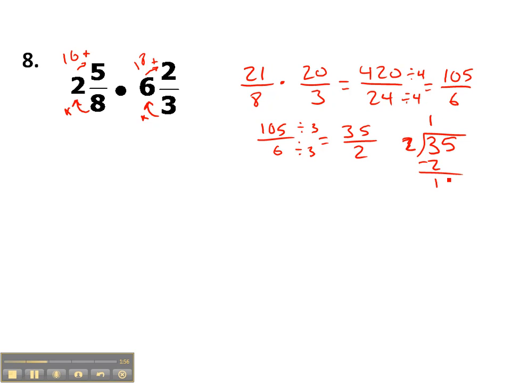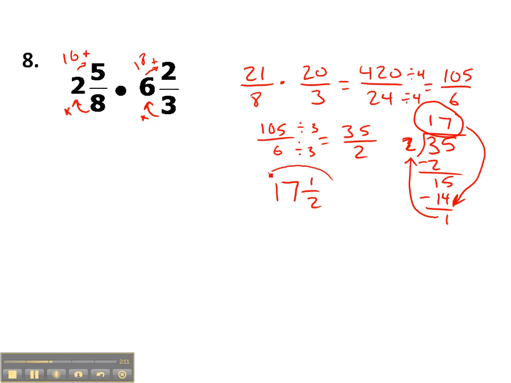Subtracting, we get 15. How many 2's in 15? 7. 7 times 2 is 14. Subtracting, we get a remainder of 1. So our mixed number is 17 and 1 over 2. 17 and 1 half.